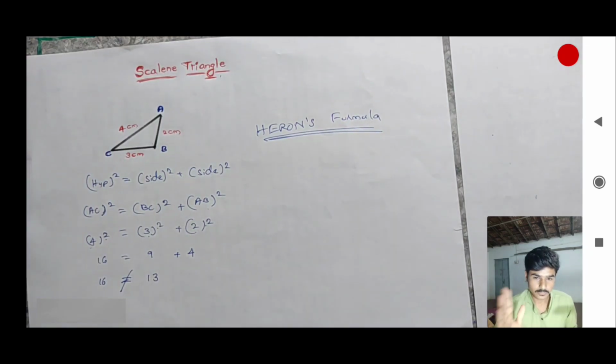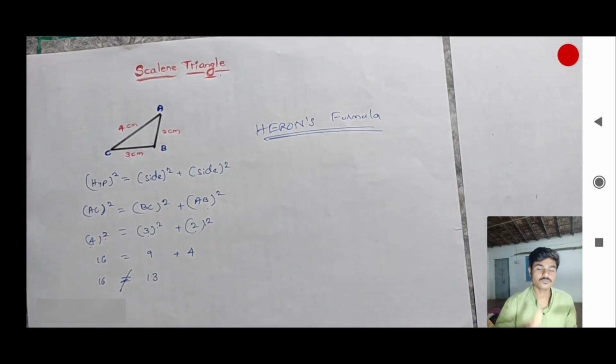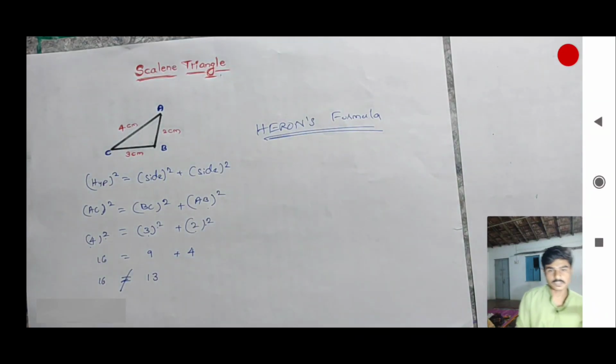No, not like that. By using Heron's formula, we can find areas of any triangle, be it right angle, be it equilateral, be it isosceles, be it acute triangle, be it any triangle.